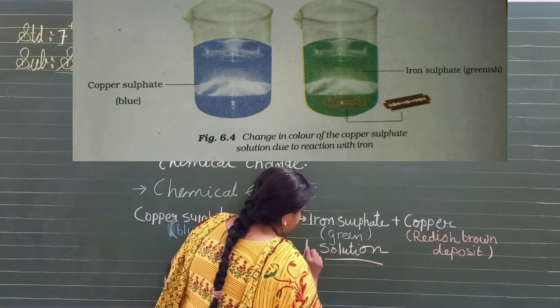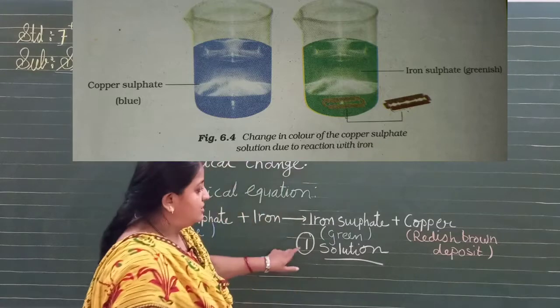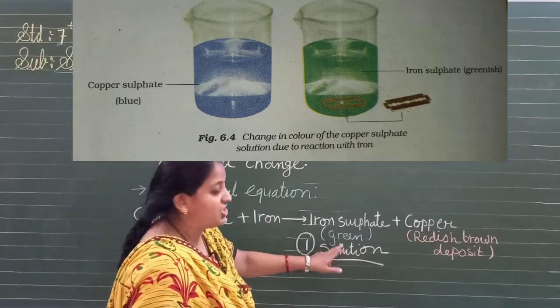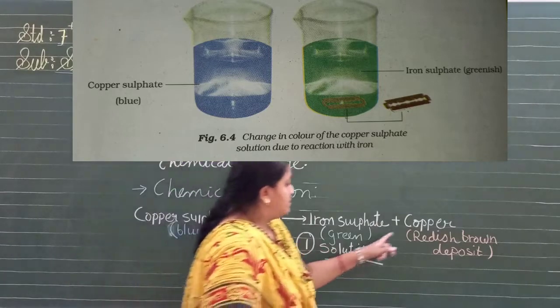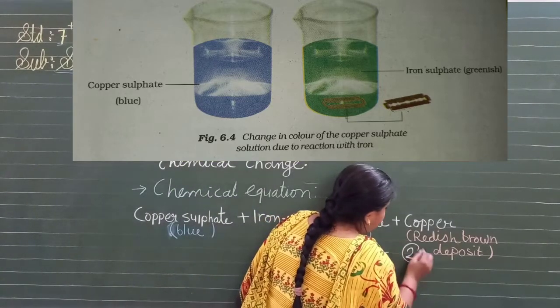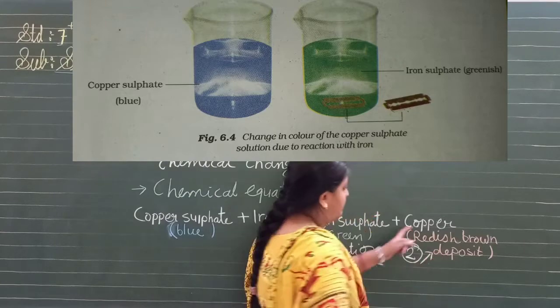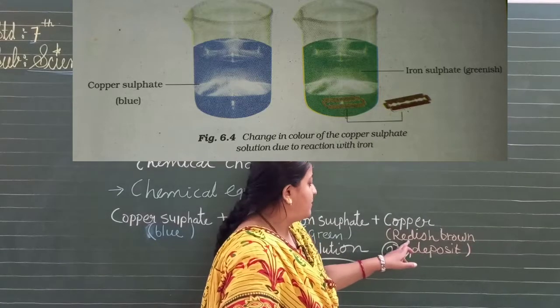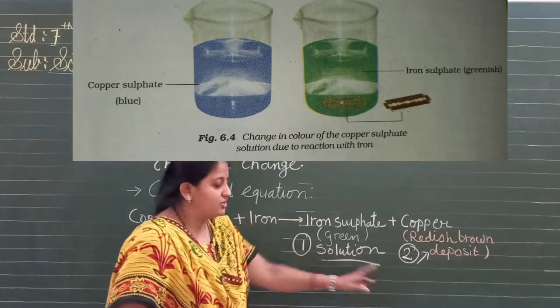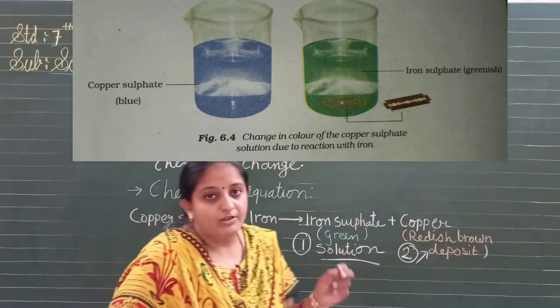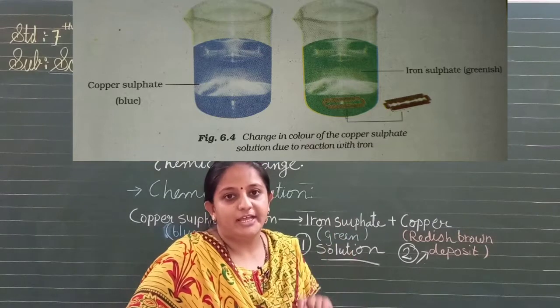So this is the first observation: the solution changes from blue to green. The next change: the copper pin which we added, the color of that copper, green, reddish brown deposit, this layer is deposited. So these two changes you will observe during this activity.